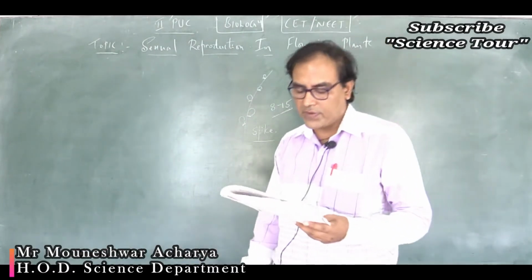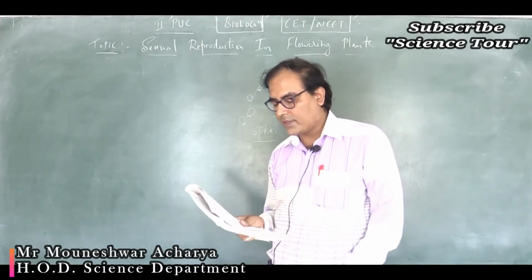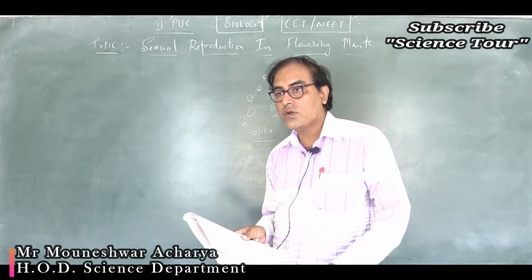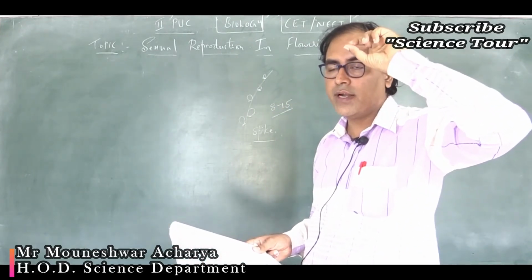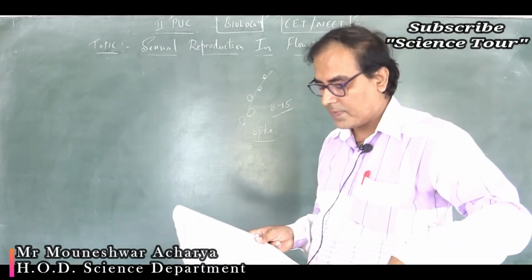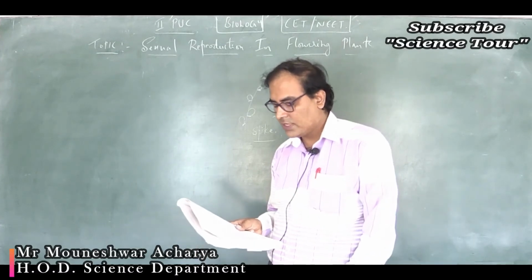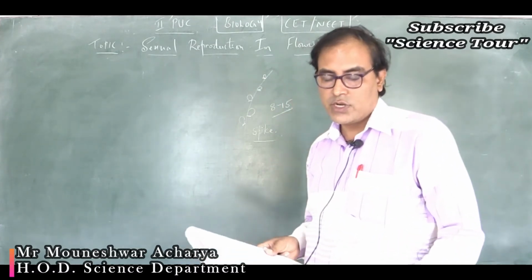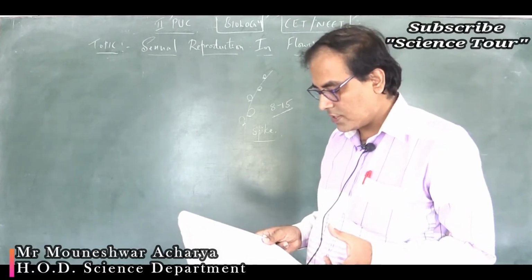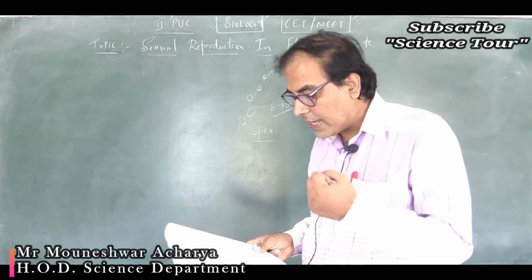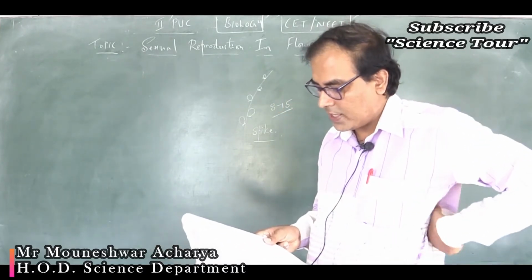Moving to question number 55. If a tetraploid plant, tetraploid means 4n, haploid n, diploid 2n, triploid 3n, tetraploid 4n, contains 48 chromosomes in the nucellus, nucellus is the nutritive tissue surrounding the embryo sac, then the number of chromosomes in the egg cell and in a synergid respectively, how many?